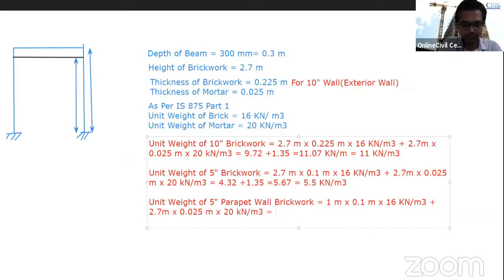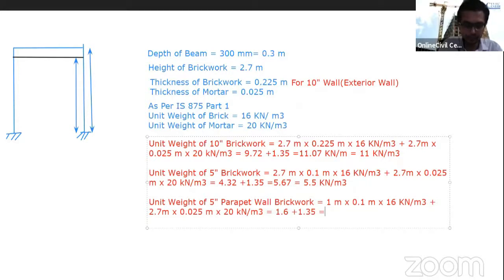The value will be 1 into 0.1 into 16, which is 1.6, plus this value, which is the same, I think, 1.35. So the total will be 1.6 plus 1.35.